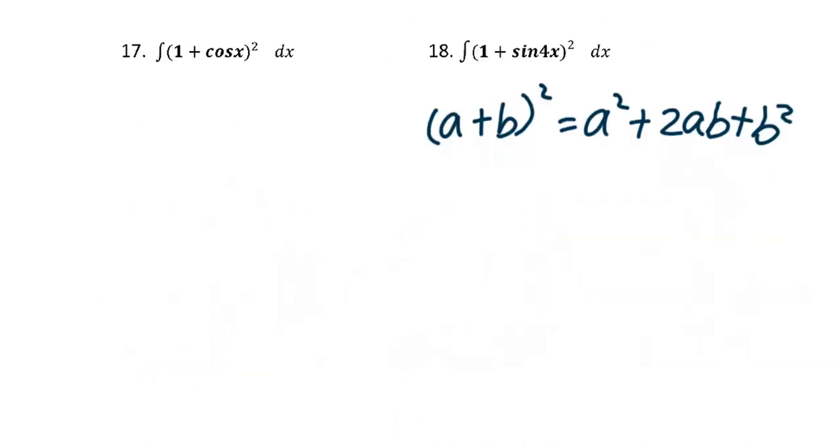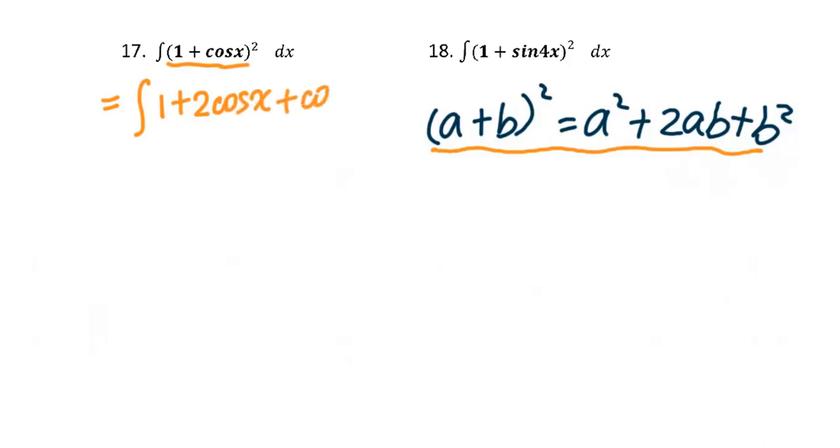For number 17, first of all, we need to expand these expressions using this formula. So you get 1 plus 2 cosine x plus cosine square x, then dx.